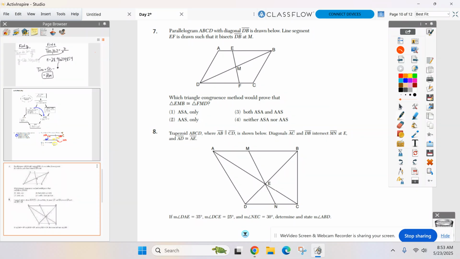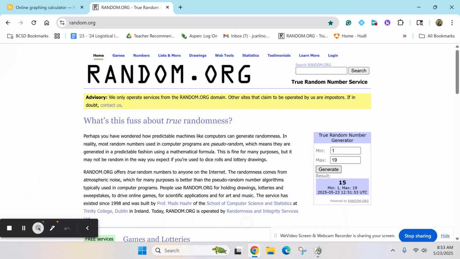All right, hopefully you read EF bisects DB. Where are you putting your congruent marks? That's what I want from somebody first. If EF bisects DB, where are my hash marks on this diagram here? Hash marks, Jesse?